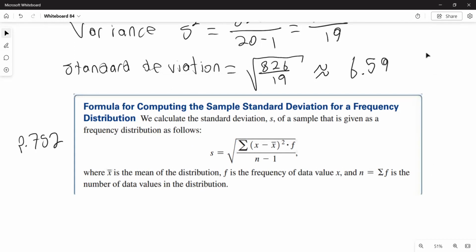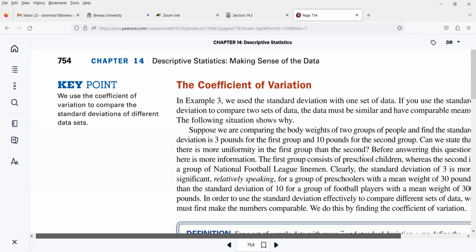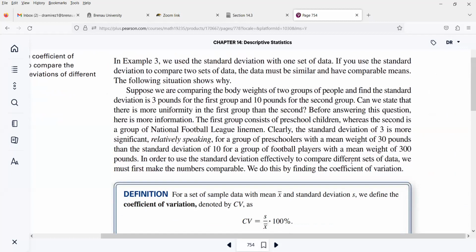Okay, so last formula is going to be the coefficient of variation. I'm going to read the situation. Suppose that we are comparing body weights of two groups of people and find the standard deviation is 3 pounds for the first group and 10 pounds for the second group.